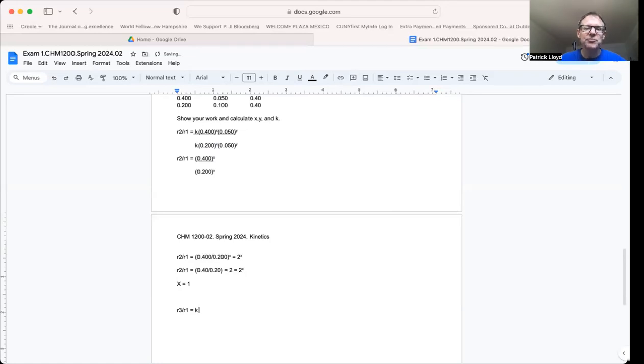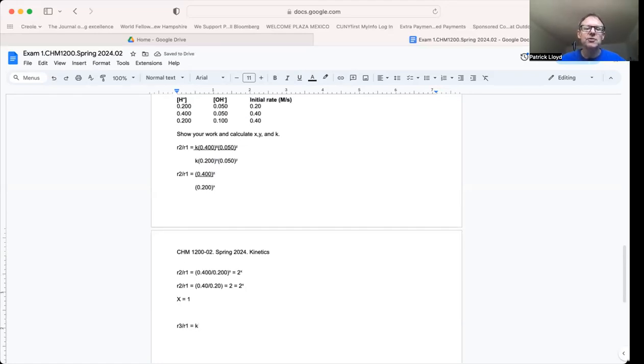And same thing, you're just going to put in K and then whatever the concentrations are. So 0.200 to the X times 0.100 to the Y. And then again I'll just go ahead and underline that. So we can do the ratio, and then K, and then for experiment 1, so we're doing 3 over 1, 0.200 to the X, 0.050 to the Y, okay?